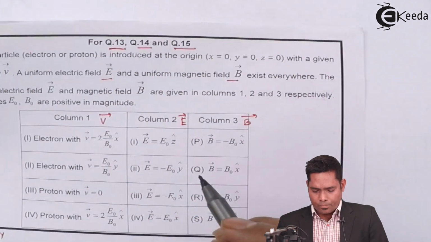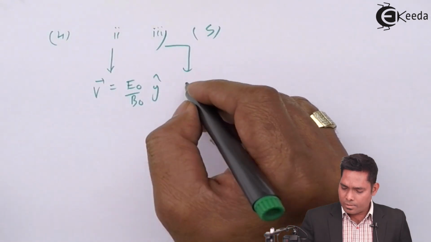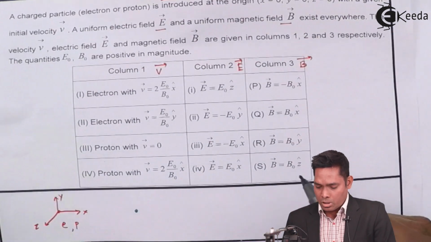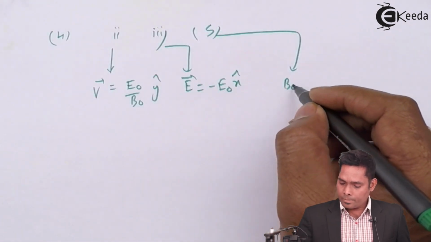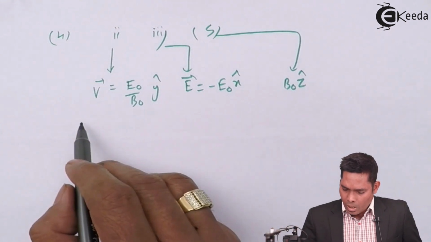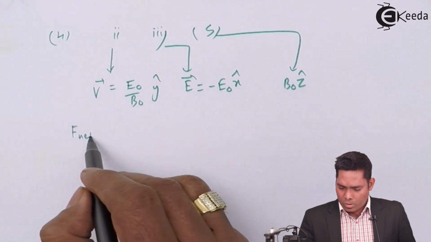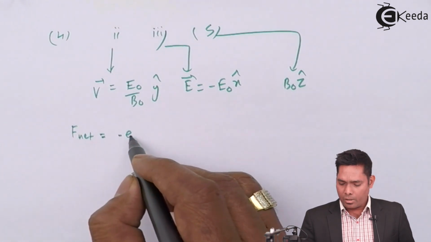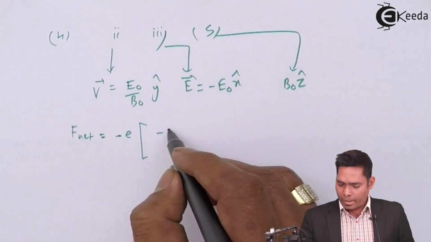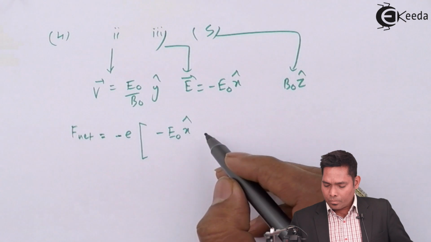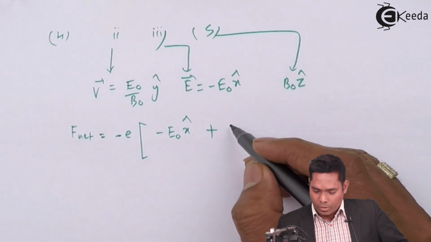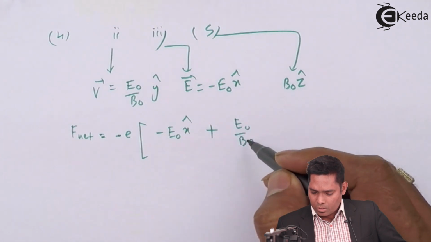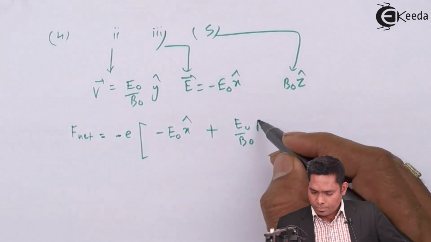3 stands for minus E naught x cap. S stands for B naught z. Now if I want to find the net force, the electron being negatively charged, I can put negative here, minus E. E is minus E naught x cap plus V cross B. V is E naught over B naught, into B naught.